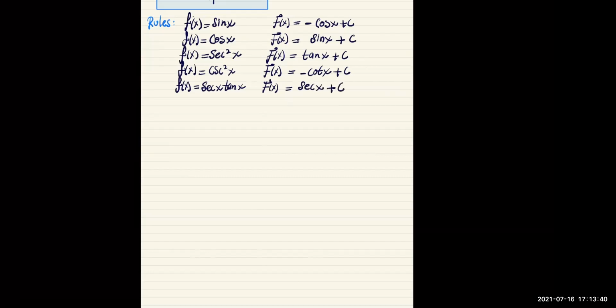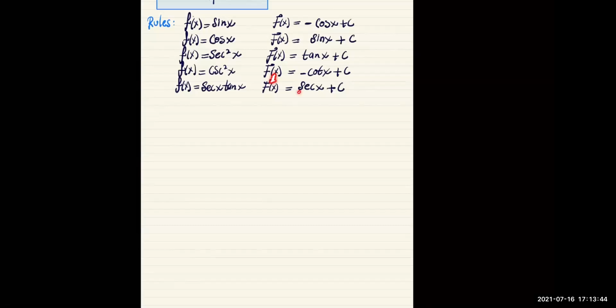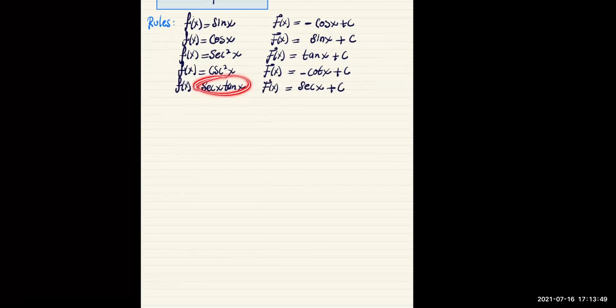You can check: if you take the derivative of secant x, you get secant x tan x. So the antiderivative of secant x tan x is just secant x. Last one, if f of x is equal to cosecant x cotangent x, its antiderivative is negative cosecant x.